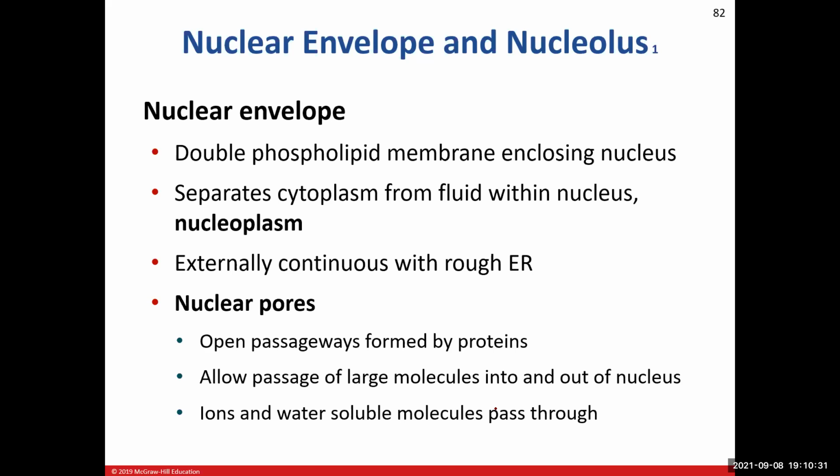And there's a lot of stuff. And again, we're not going to go into all the details, but I'm going to talk about some of it. But we're going to have stuff that's inside the nucleus that needs to get out. So we essentially have these holes in the nuclear envelope. We call those nuclear pores. And basically, these are just passageways that allow for the movement of large molecules in and out of the nucleus.